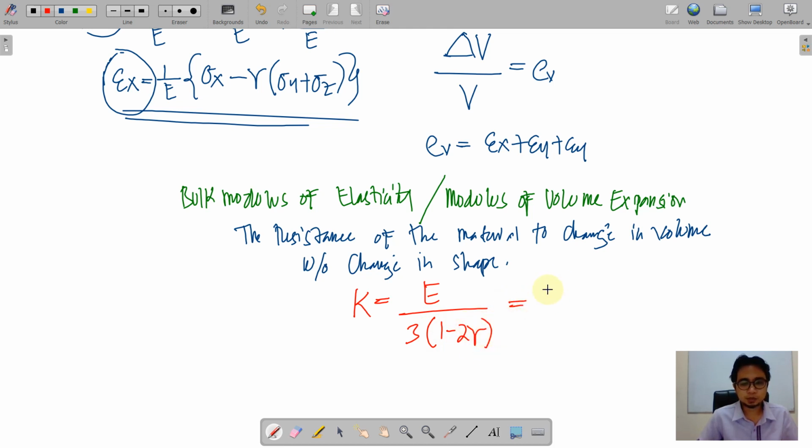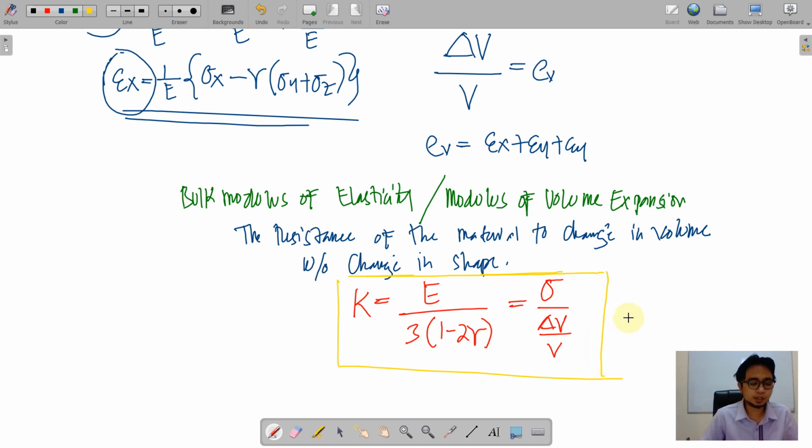So it is also equated to this sigma all over the volumetric strain, delta V all over V. So this is the bulk modulus of elasticity. So this is the resistance to change in volume without a certain change in shape. Okay?